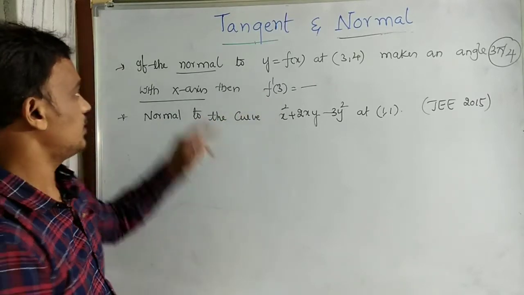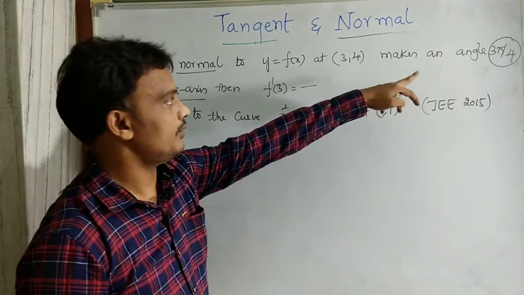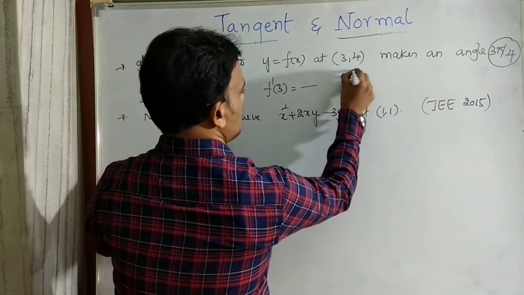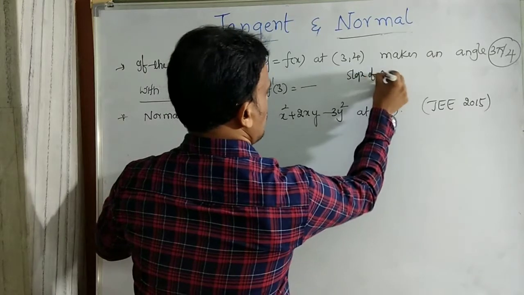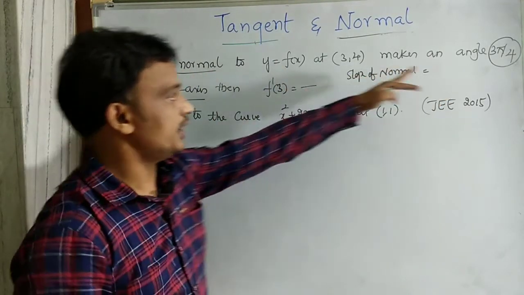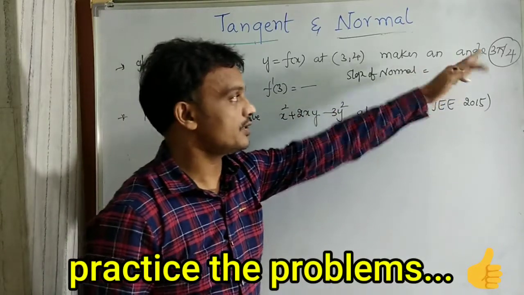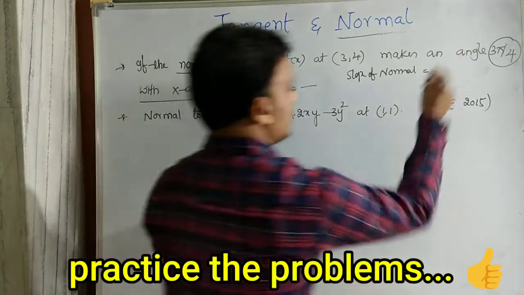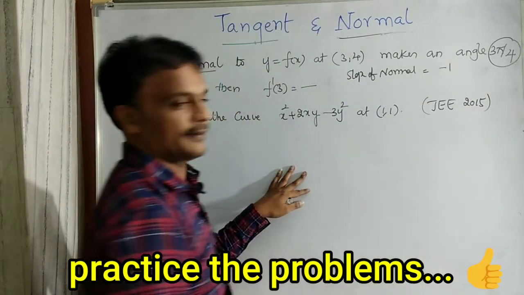Very simple problem. What is the slope of the normal? Its inclination is given as 3 pi by 4. So the slope of the normal is tan 3 pi by 4, which is minus 1.